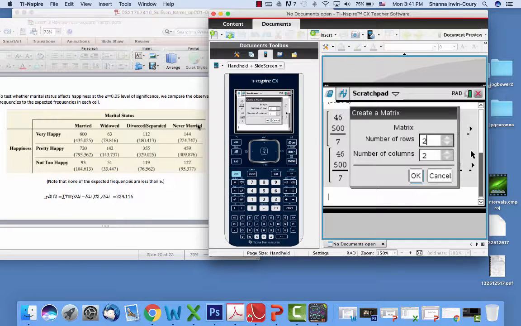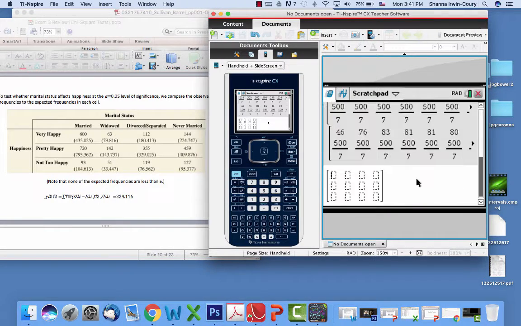I've got 4 columns and 3 rows. You just put in the observed values, it can calculate the expected values from that.